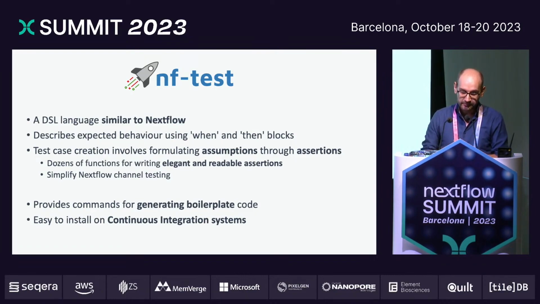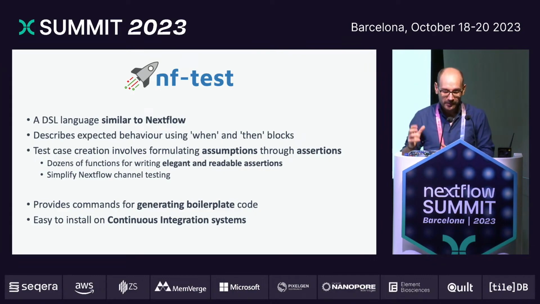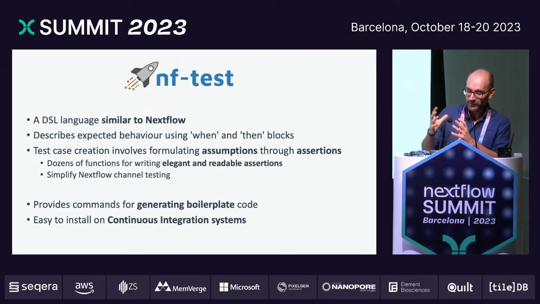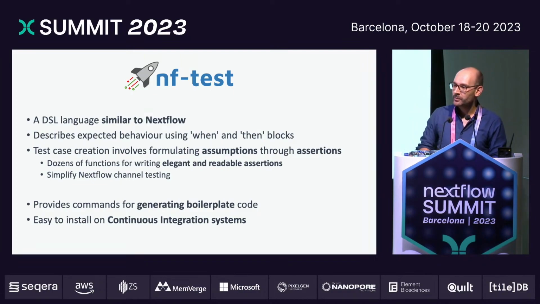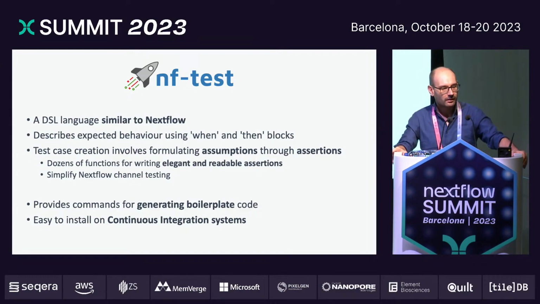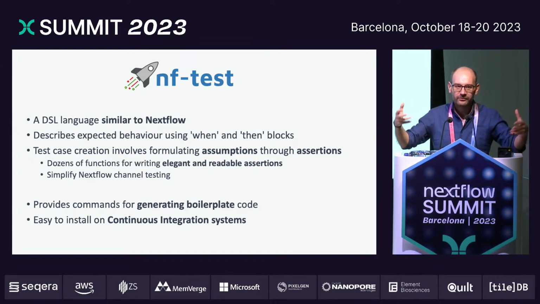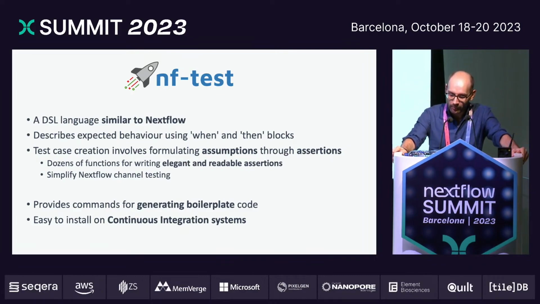Behind the framework itself, it provides a command line program to generate boilerplate code so that we can easily start with new test cases without investing a lot of time in writing or rewriting existing code, and we can save a lot of time.